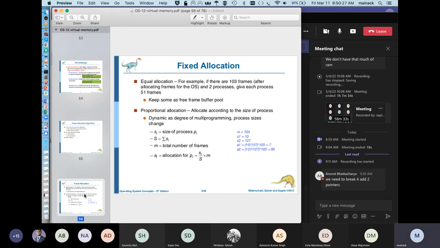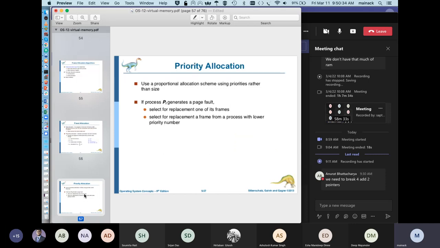Okay, so after equal allocation, we have proportional allocation, but proportional allocation has a problem, which is that the size of a process might not be the indicator of its memory requirement, or even of its priority.